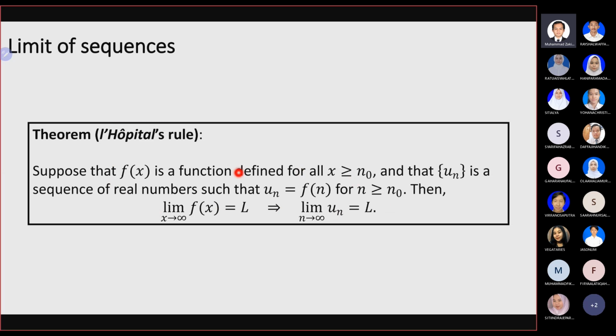It's a little bit different, because this L'Hopital's rule is for sequences. If f is a function defined for all x, and U_n is a sequence of real numbers such that U_n equals f of n for n greater than or equal to n0, and the limit of f of x as x goes to infinity is L, then the limit of U_n as n goes to infinity is also L. I think that is quite obvious.